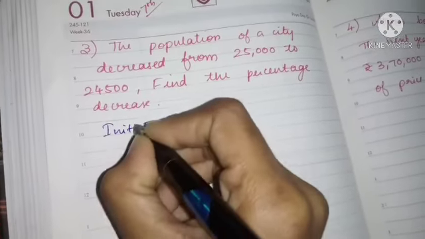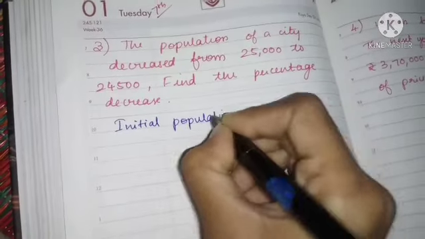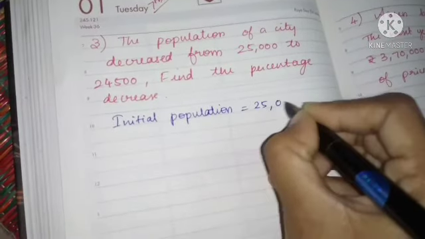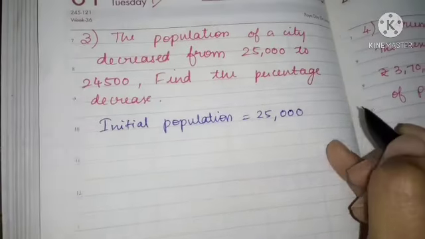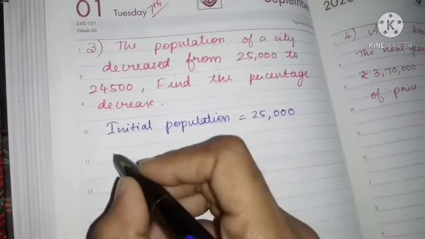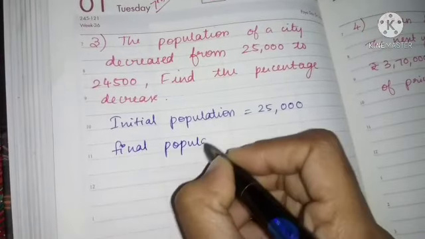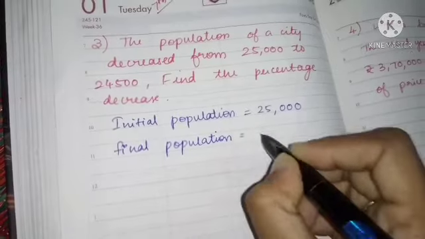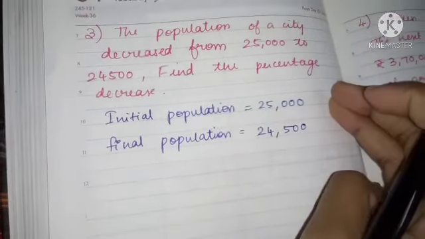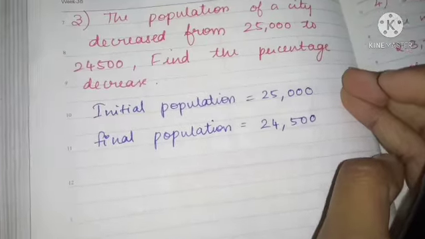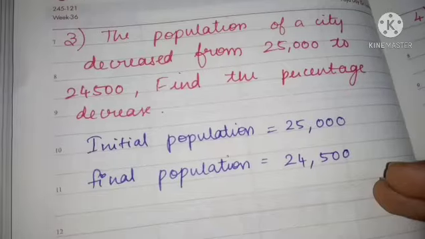Initial population is nothing but 25,000. Initially they have a population of 25,000 people. Next, final population, which means now how much it is there. Final population is 24,500.